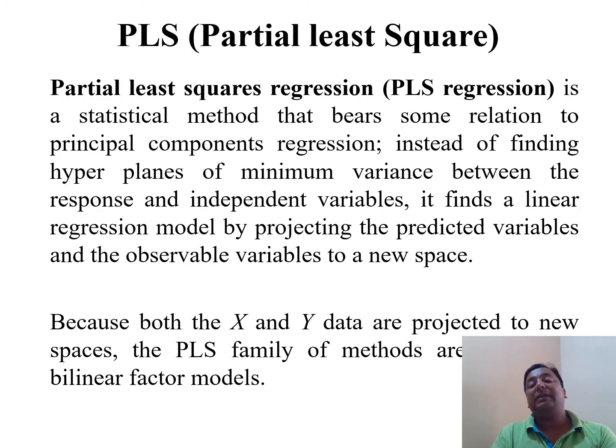So what is the partial least squares value? This is a purely statistical method, a regression method. And why do we use this method? Because instead of finding the hyperplanes of minimum variance between the response and independent variables, it finds a linear regression model by projecting the predicted values and the observed variables.